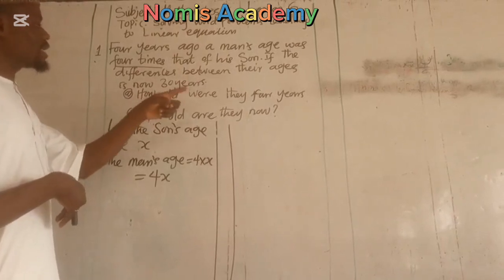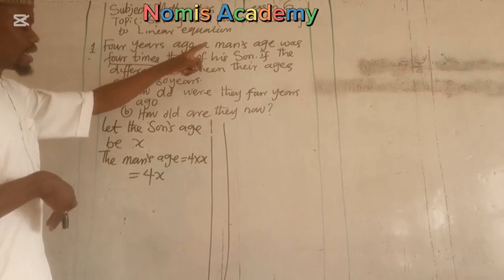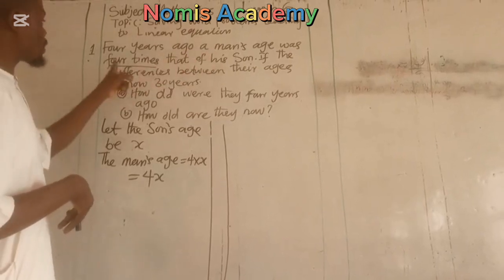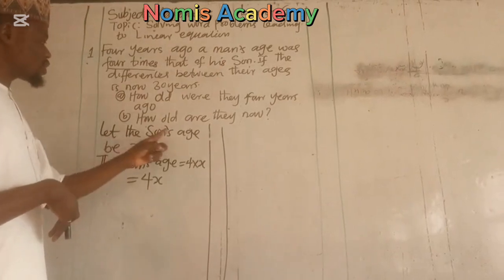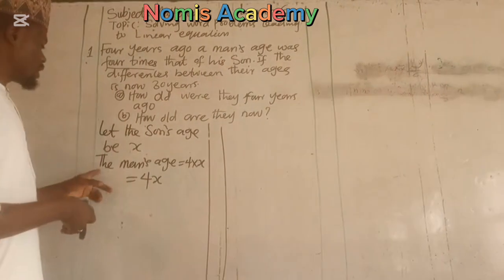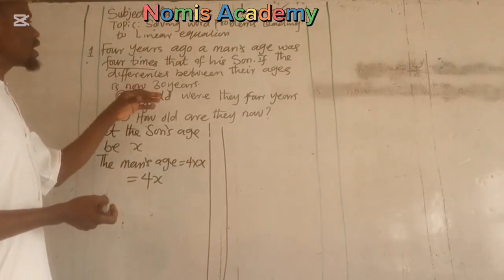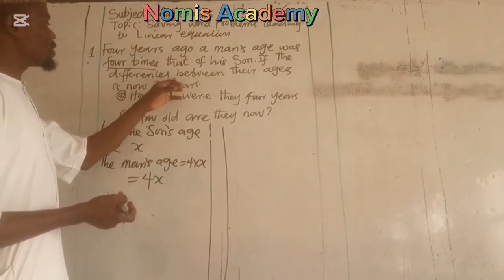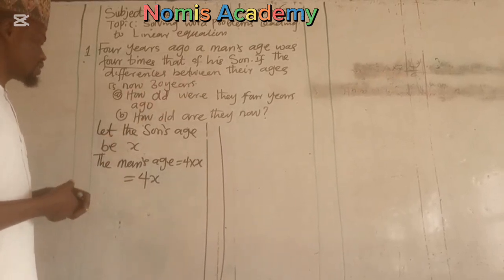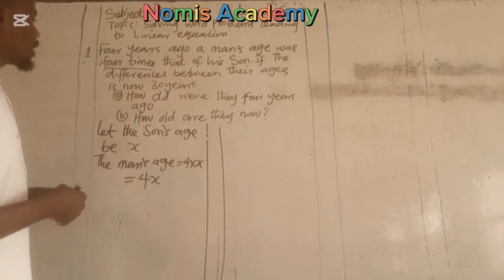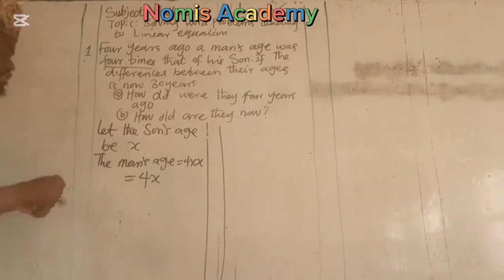Now, the question says the difference between their ages is now 30 years. Four years ago, let the son's age be S because it's the smaller age, and the man's age is 4S. Now their age is what? An addition of 4, because this was 4 years ago.